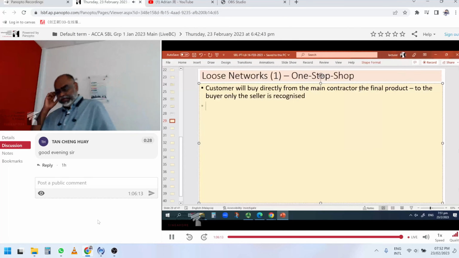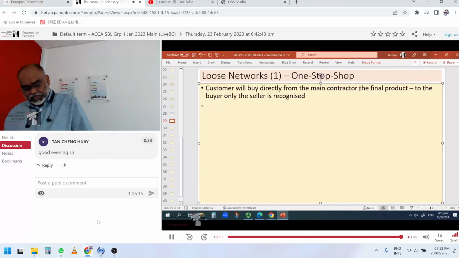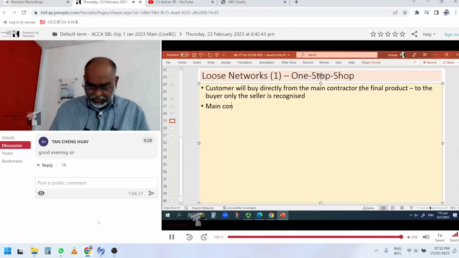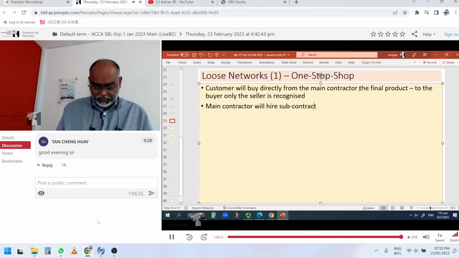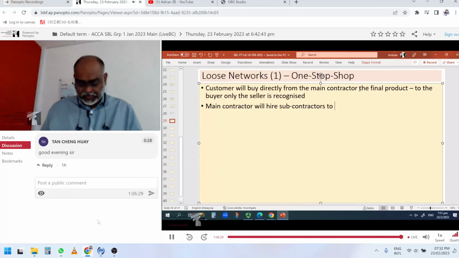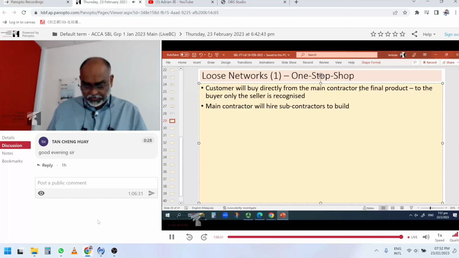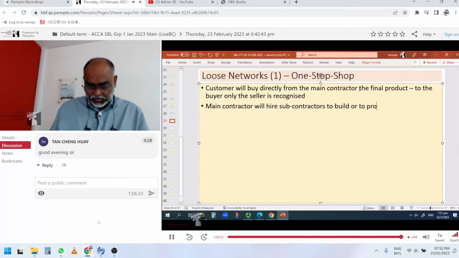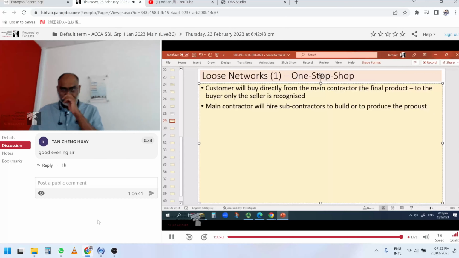That is the main contractor. Then what the main contractor does is hire subcontractors to build or to produce the product.